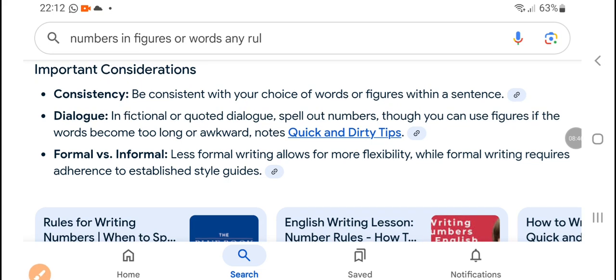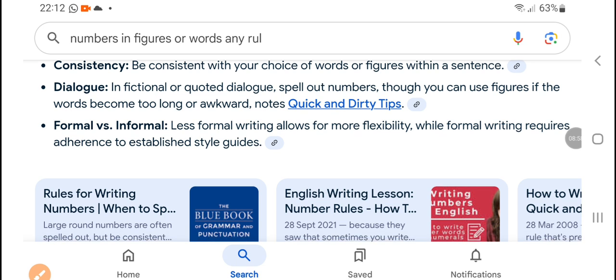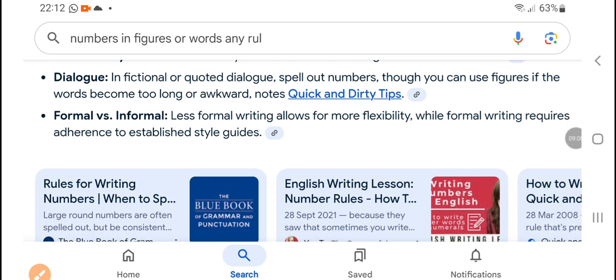Okay. Now, an important consideration: consistency. Be consistent with your choice of words or figures within a sentence. Whatever you are following, you should follow it. Maintain consistency, right? And in fictional or quoted dialogues, spell out numbers.